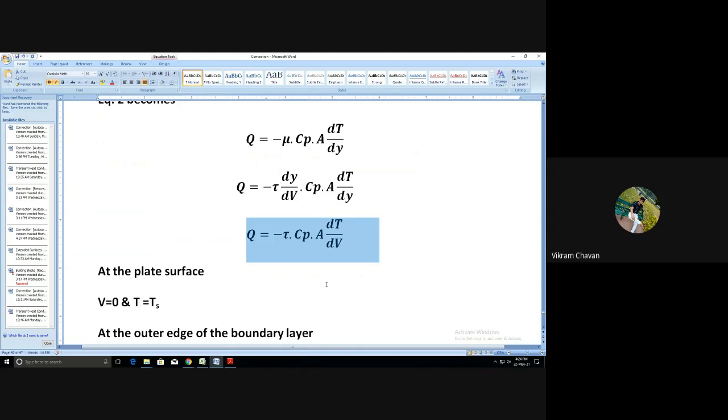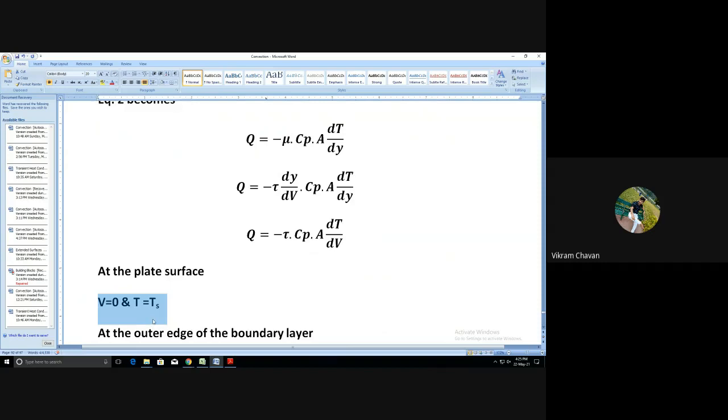So the boundary condition at the surface of a plate is nothing but velocity becomes zero, and the temperature of that particular fluid layer which is adhered to the surface is equal to the surface temperature, so we have to consider the temperature of the fluid, that is T is equal to Ts at the surface of a plate.